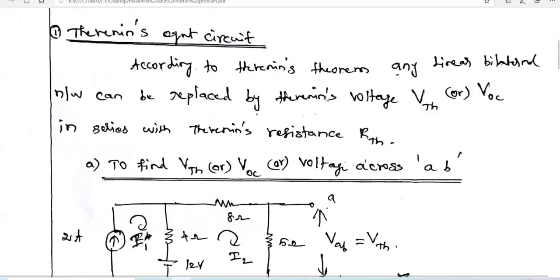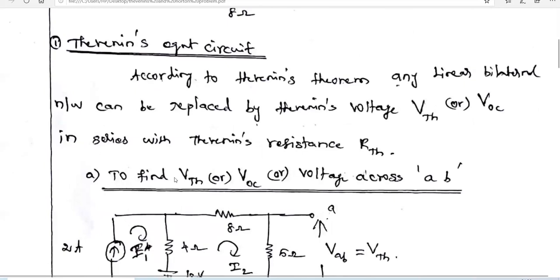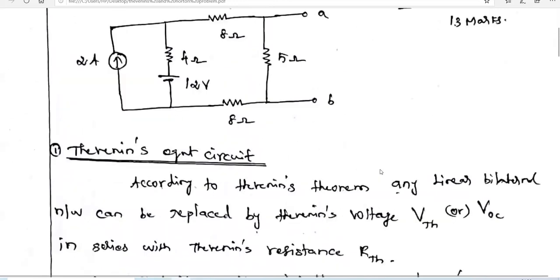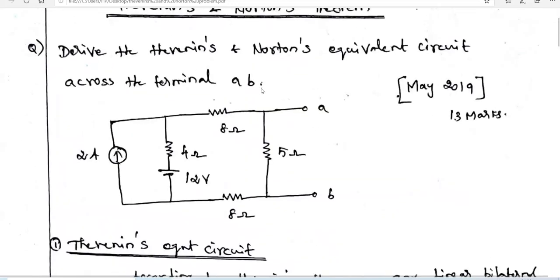The first step is to find the value of VTH, the Thevenin's voltage or VOC, the open circuited voltage across the terminals A and B. Here we have to obtain the Thevenin's equivalent across the terminals A and B, and this terminal is already open circuited.